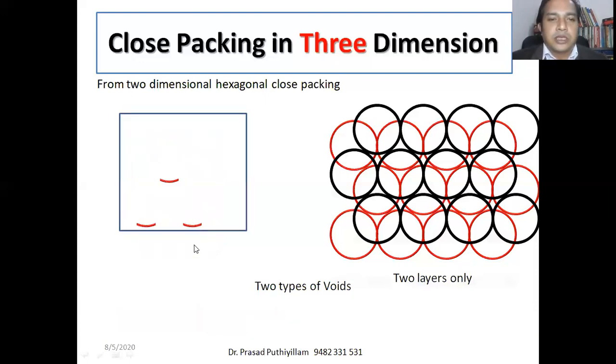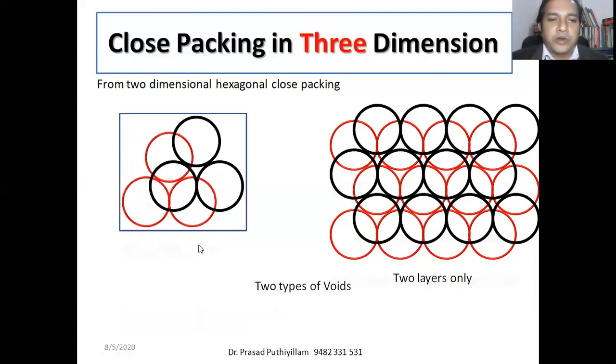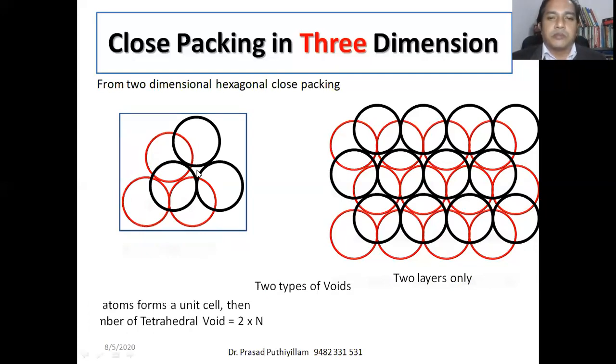Whereas for the tetrahedral voids, I took the six atoms here again just to represent that the tetrahedral voids are also formed. If n number of atoms are there in a unit cell, then the number of tetrahedral voids will be double the number of atoms. This is not the number of atoms in a crystal as such; this is just representing the tetrahedral void.